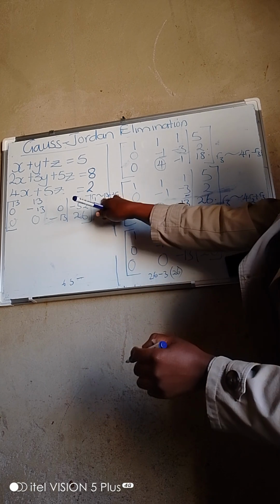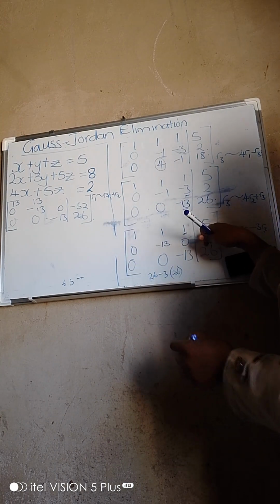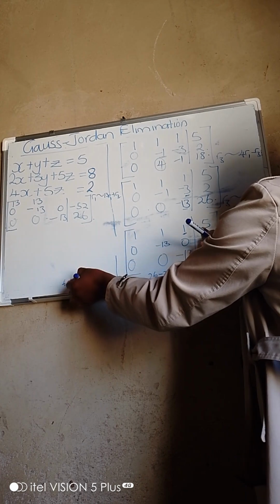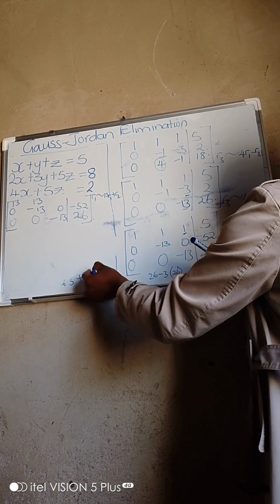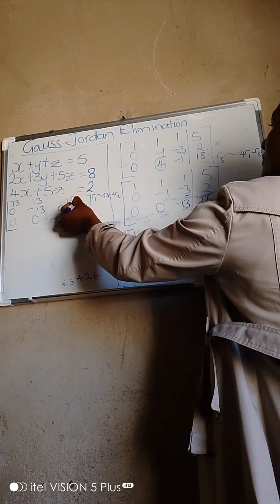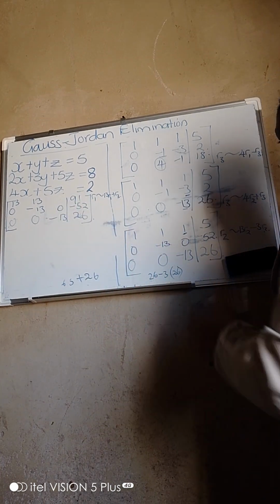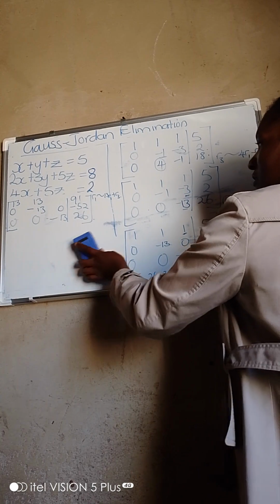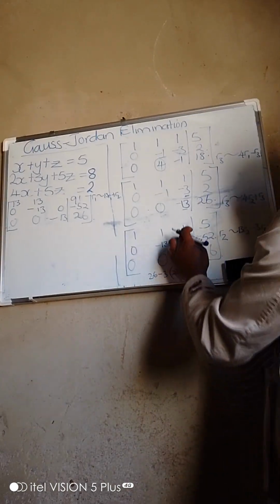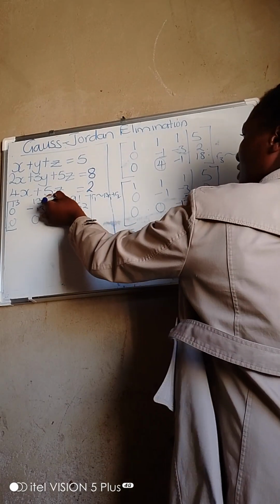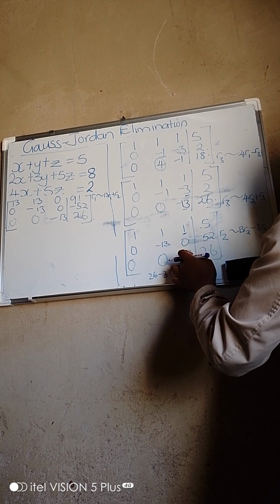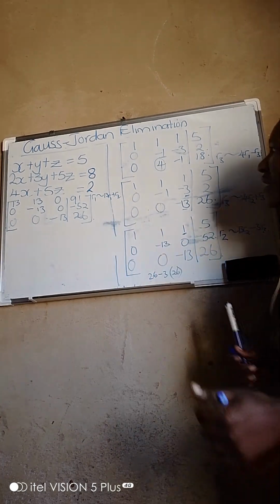So 13 by 5 is 65 plus row 3, 26. This becomes 91. Right. Then this becomes a 0 there, since we are multiplying 13 by 1 minus 13 is a 0 there.